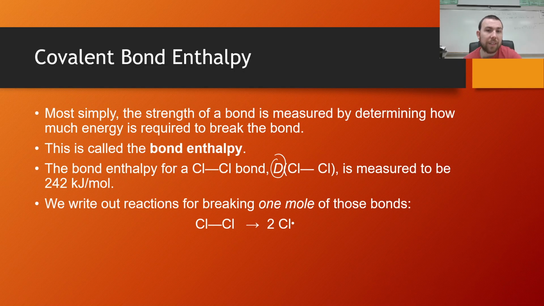You can represent this as a chemical reaction by writing the Cl-Cl bond, drawing it over to make two chlorines that each have one lone electron. All the other electrons are paired up. That's the generic way to represent covalent bond enthalpy.